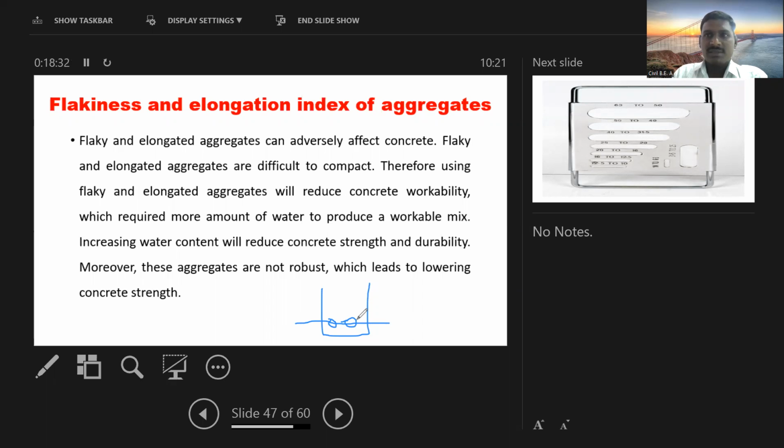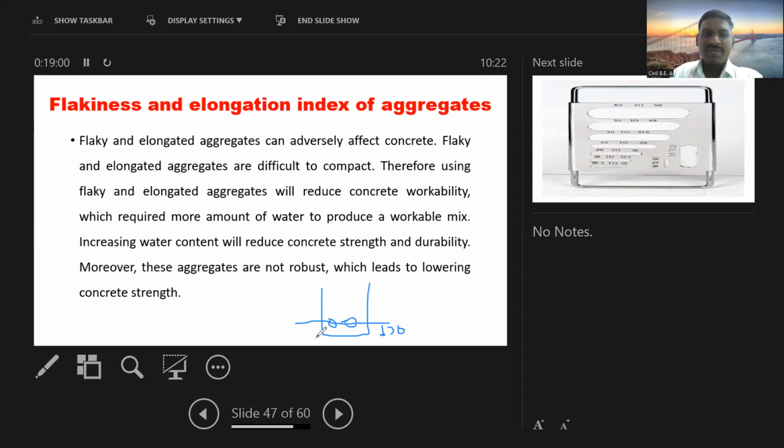This is the effective cover, say 30 mm or 35 mm. Generally in concrete we use aggregate of maximum 20 mm: 10 mm, 12 mm and 20 mm. So the maximum size of aggregate we use is 20 mm.